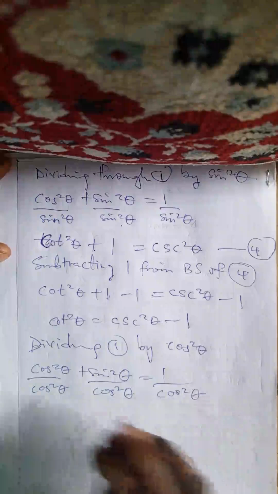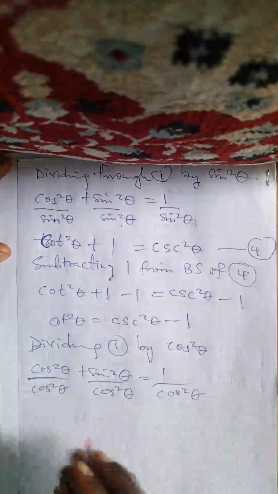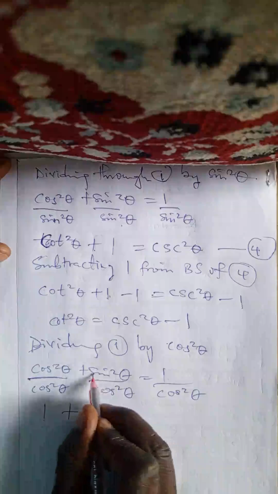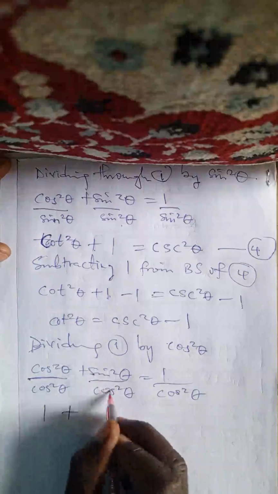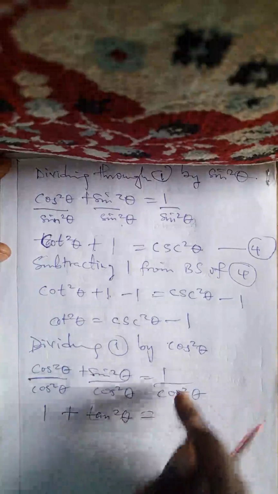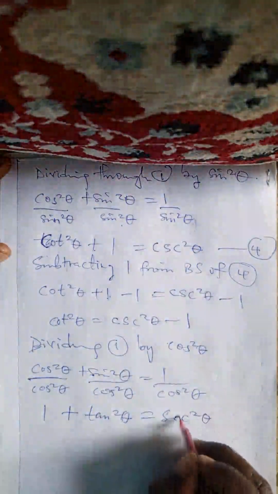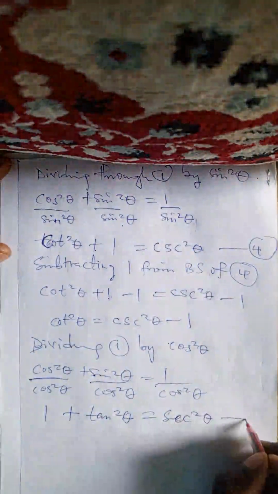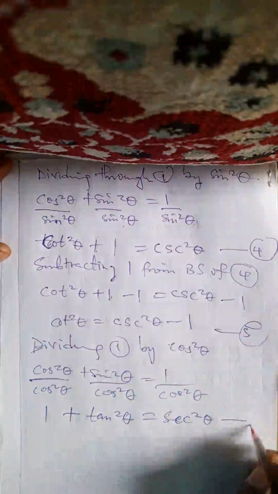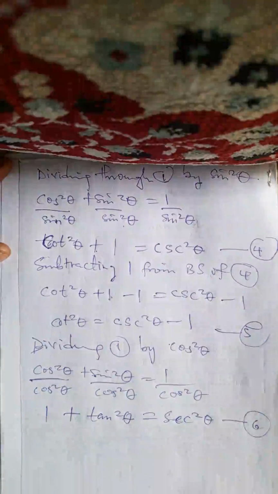What do we have? We have 1 plus tan square theta, because sine over cos is tan, and that's equal to 1 over cos, which is sec square theta. If we call this equation 5, then this is going to be called equation 6.